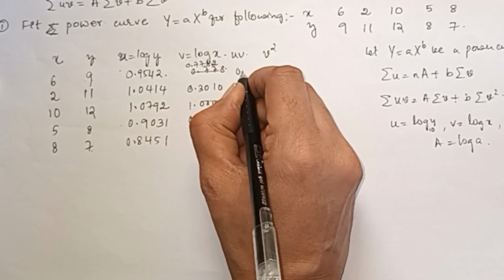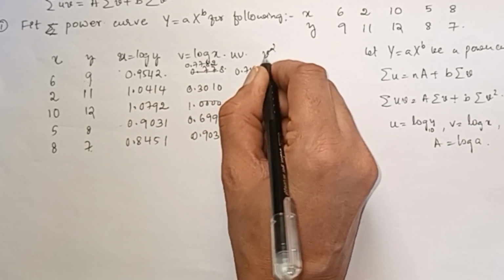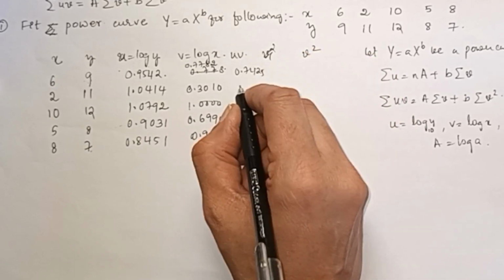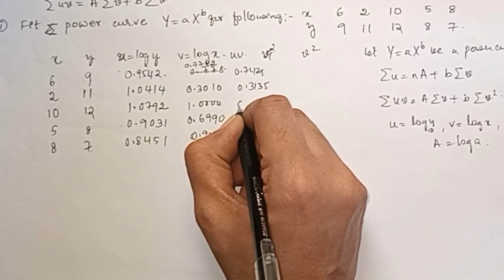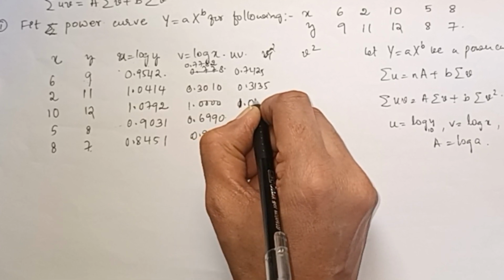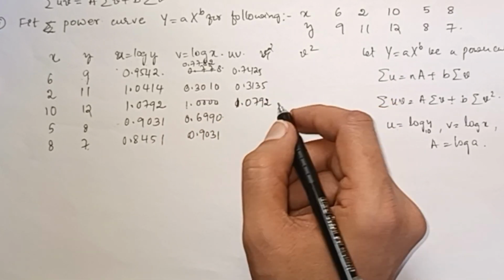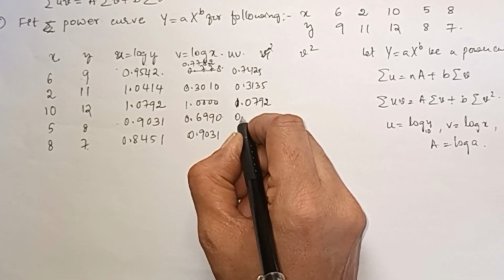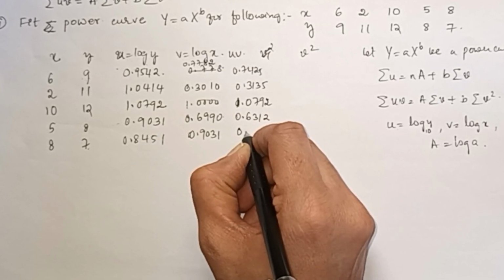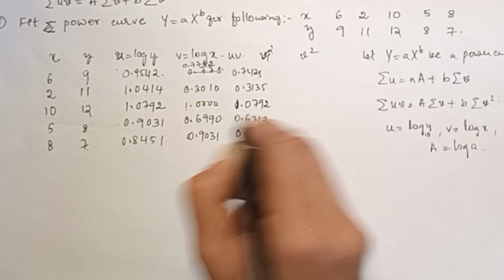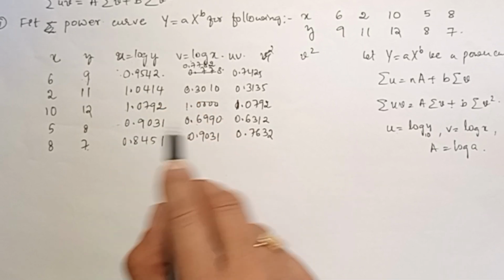Then I want u into v, this product. So that is 0.7425. I'll write v square here. Then this is 0.3135. Then 1.0792. Then 0.6312. Then 0.7632. U into v, these two you have to multiply.